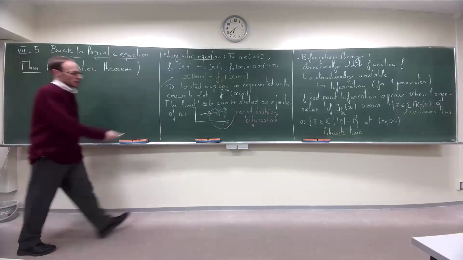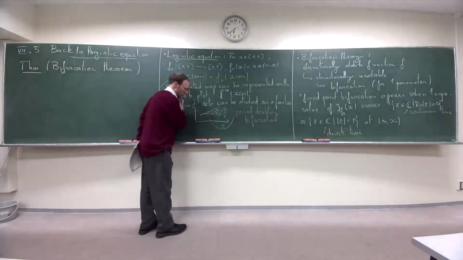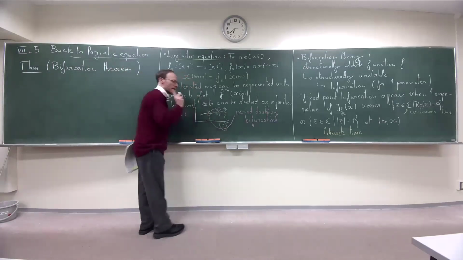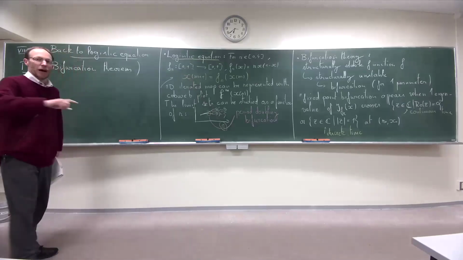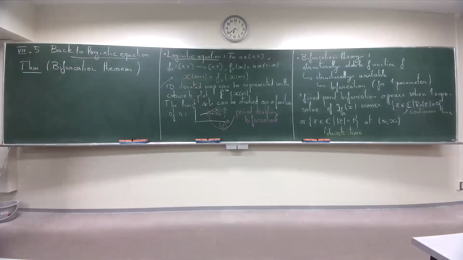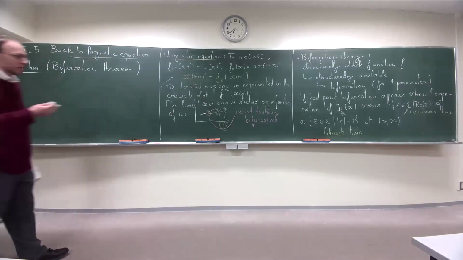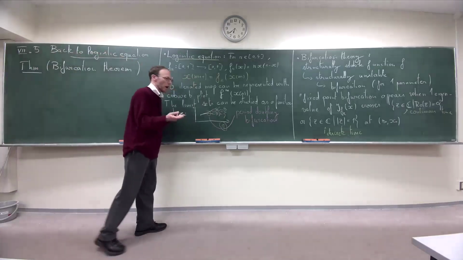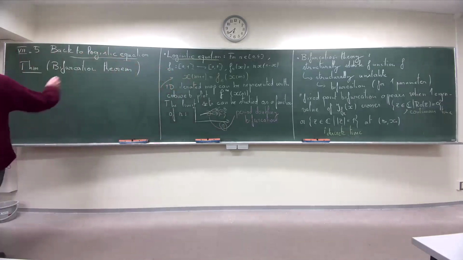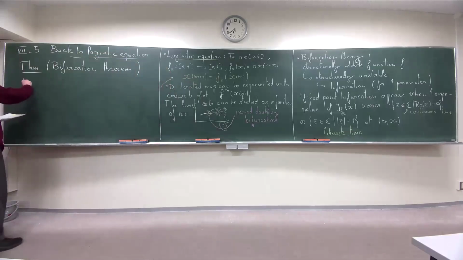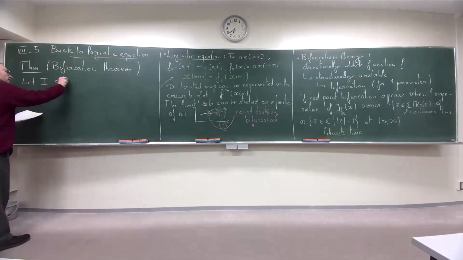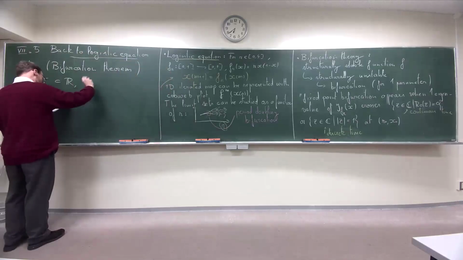I want to study exactly what happens here. In this example, R is one-dimensional, so it's a parameter on an interval. If your system depends on more parameters, of course, it's more complicated. So we consider an interval in R, and we consider it open.